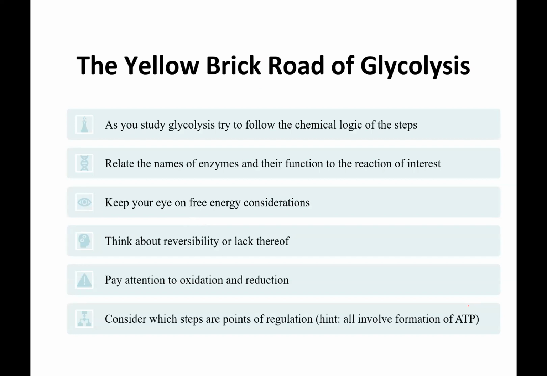And as you're studying glycolysis, I really want you to think about certain things to help you, rather than just sitting around memorizing hexokinase as the enzyme for reaction 1, the isomerase reaction 2, phosphofructokinase as the enzyme for reaction 3.